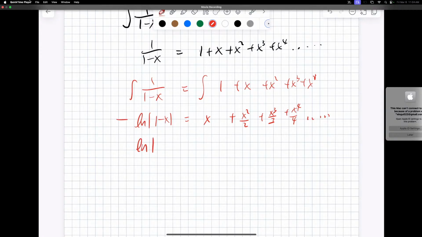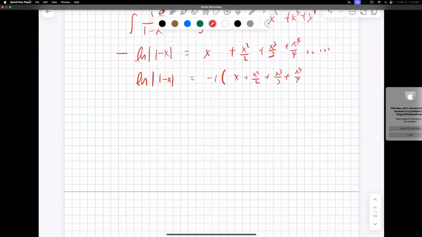I need to multiply both sides by negative 1. So the power series of natural log of 1 minus x is the sum from n equals 1 to infinity of x to the n over n, with a negative sign in the front. And it only works between -1 and 1.